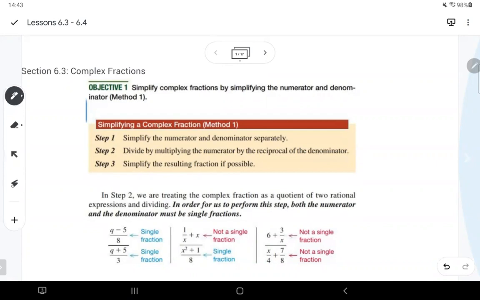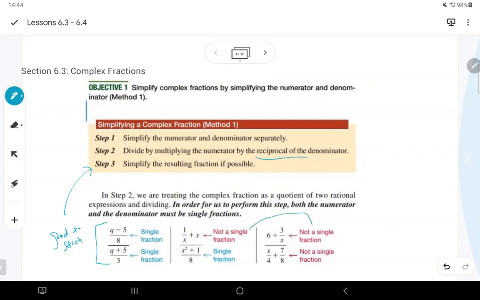Some things you have to pay attention to are, first, remembering to multiply by the reciprocal. Next, you have to figure out if you have two single fractions, like the first case, then you're good to go. Also, there are two methods, so we're going to do method 1 and then method 2. The next thing you need to know is if they're not single fractions.